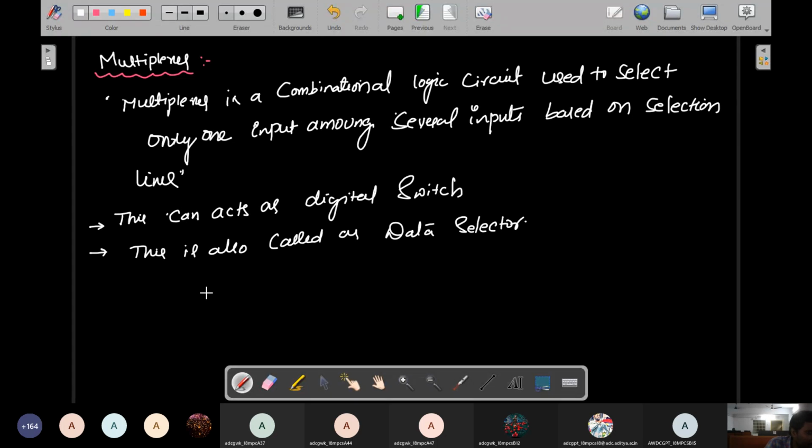Please note everybody, generally how selection lines are implemented.